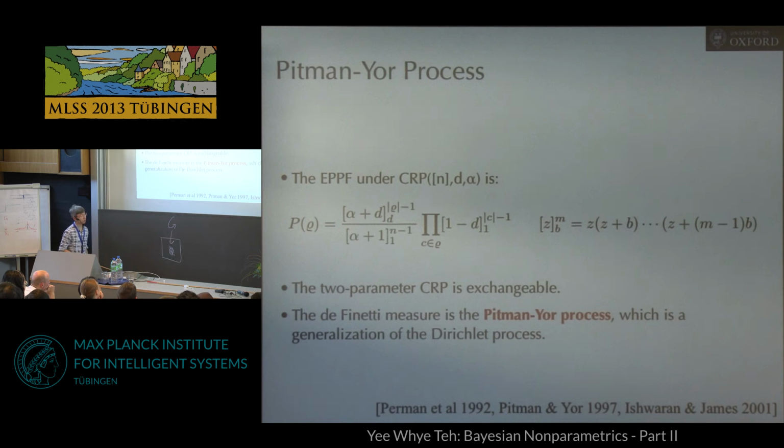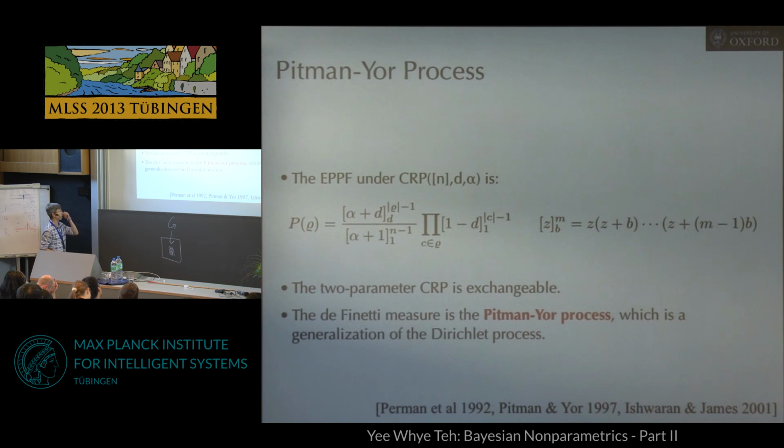Okay, you can actually write down the EPPF under this two-parameter CRP, and you see that it looks functionally of this form, which basically means that it's a function only of the number of tables that are occupied in the Chinese restaurant and of the sizes of the tables that are occupied, which means that it is exchangeable.